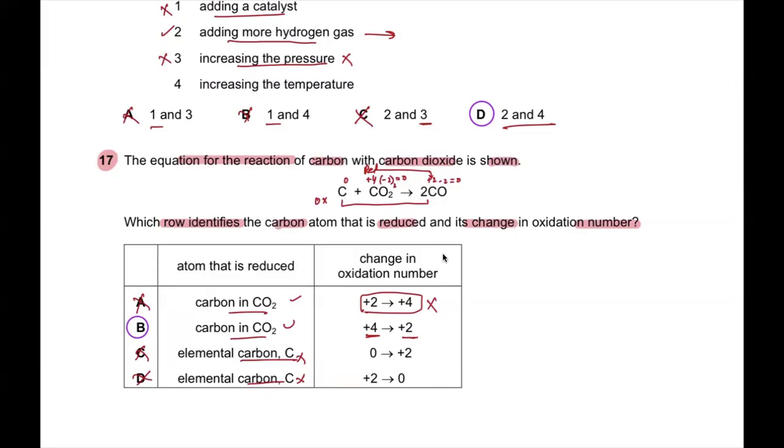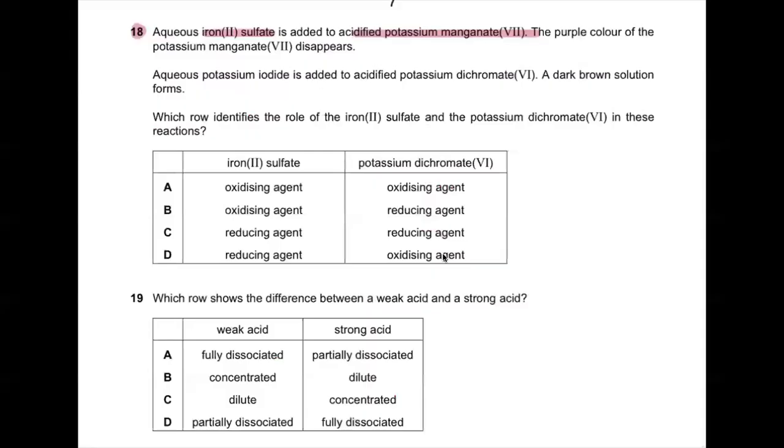So we already know that potassium manganate 7 is an oxidizing agent, right? So if there is a color change, it indicates that iron 2 sulfate is a reducing agent.